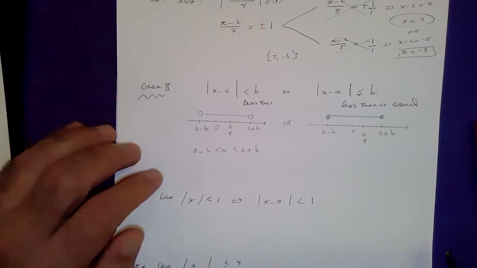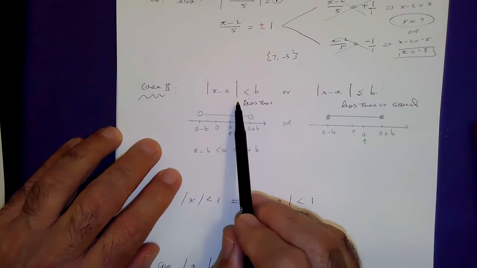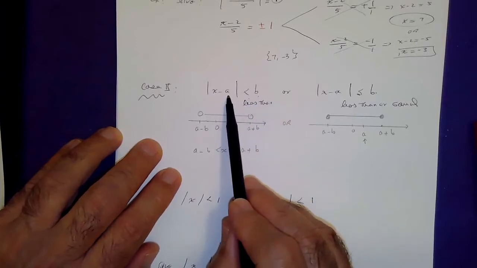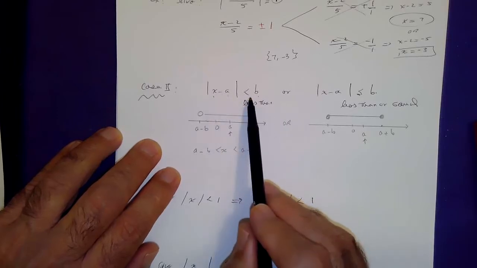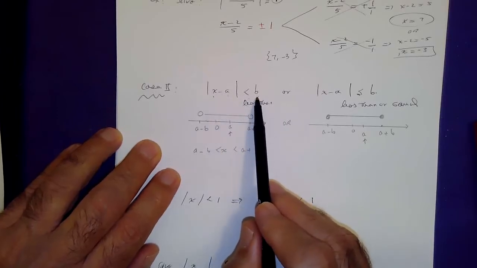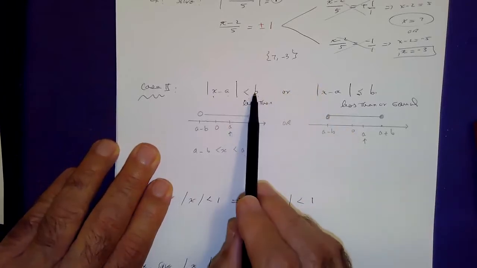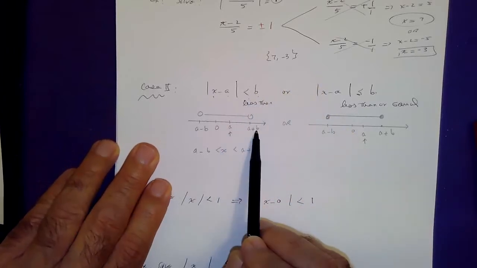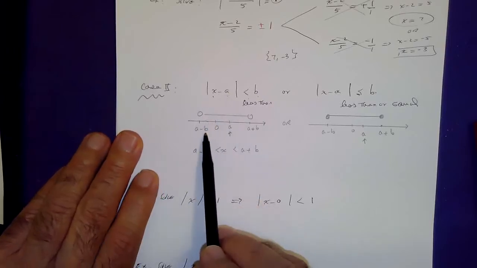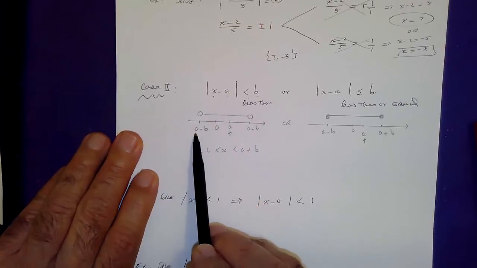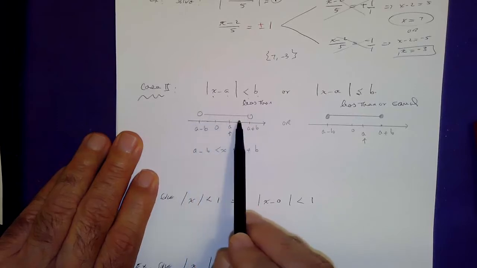Well, in this case, what that means is the distance from a to the number on a number line has to be less than b many units. In other words, if you go, let's say, b units from a to the right and b units away from a to the left, you are only supposed to be somewhere between these two dots.